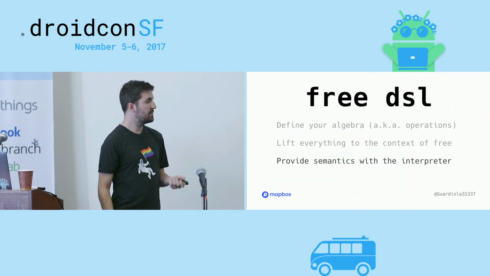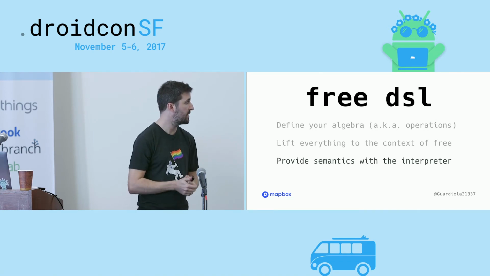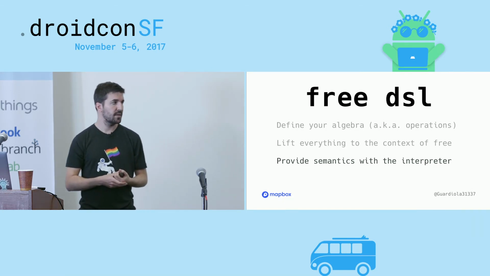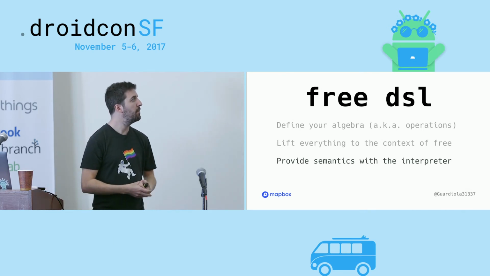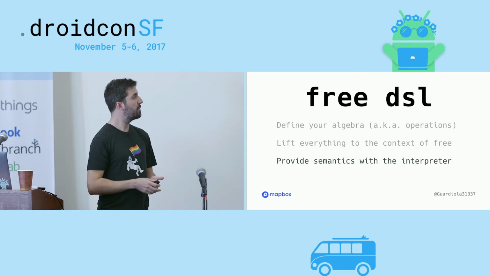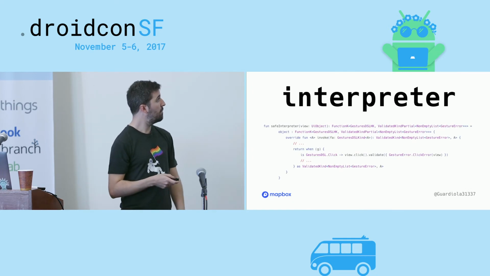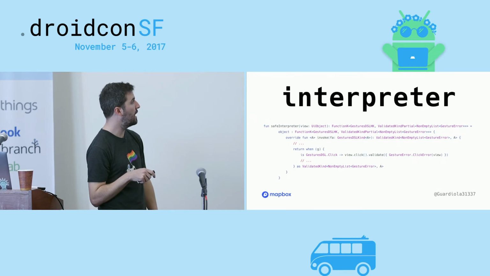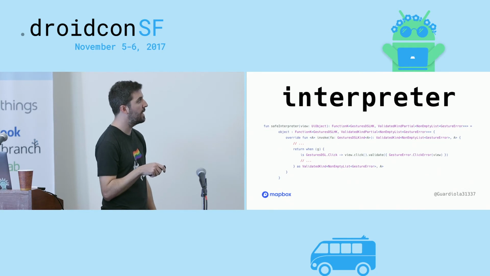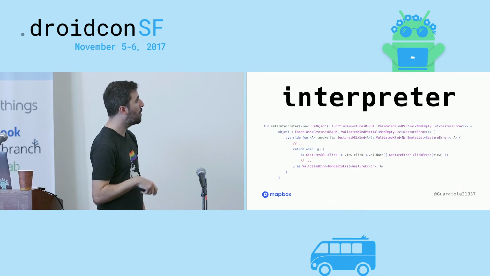The third step that you need to take into account to create a DSL using the free abstraction is that you need to provide the semantics with the interpreter. Basically, you need to give the implementations of your actions. As you can see here, because we model the algebra using a sealed class, you will need to provide every action within the when.